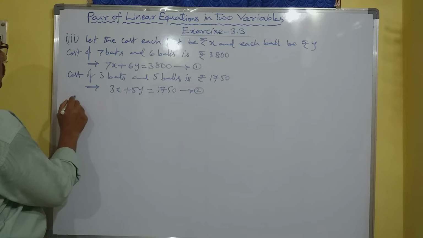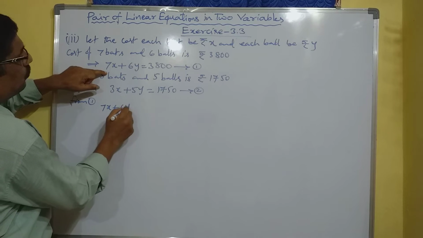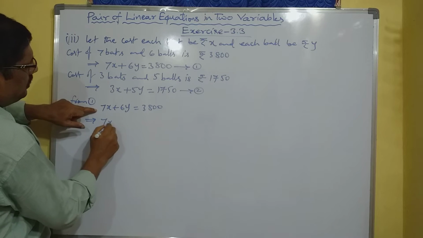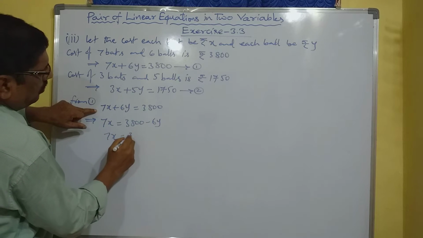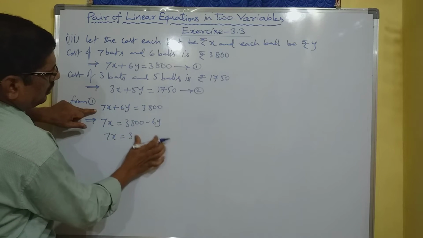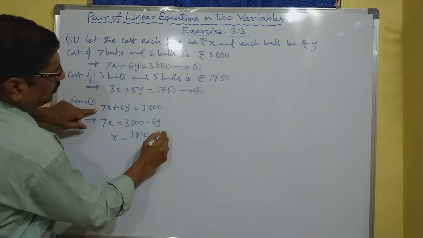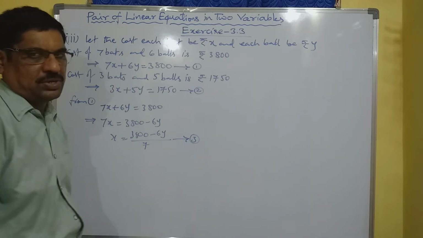Now, from equation 1, 7x plus 6y is equal to 3,800. Let us make x the subject from this. Now 7x is equal to 3,800 minus 6y, so x is equal to (3,800 minus 6y) by 7. Let us take this as the third equation.